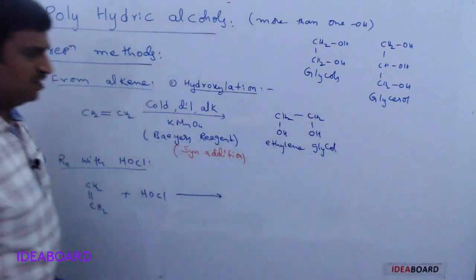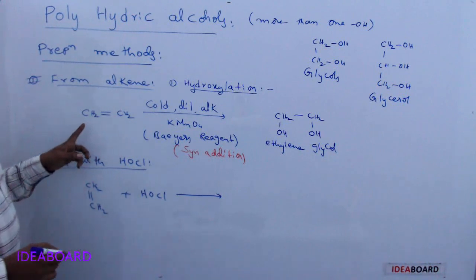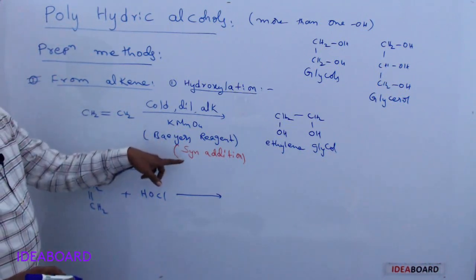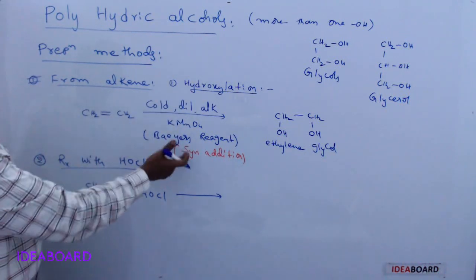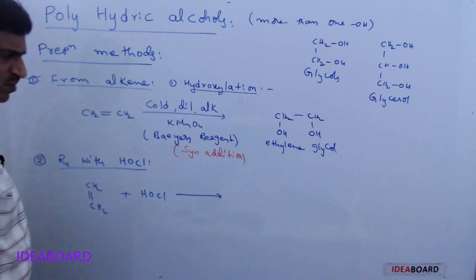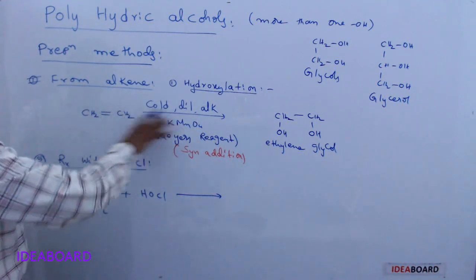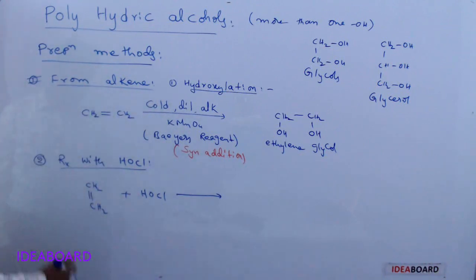If you take a trans isomer of the alkene with syn addition, we will get a racemic mixture. If you take the cis isomer with syn addition, a meso compound will be formed. If you want more reactions, go through the alkene chapter.